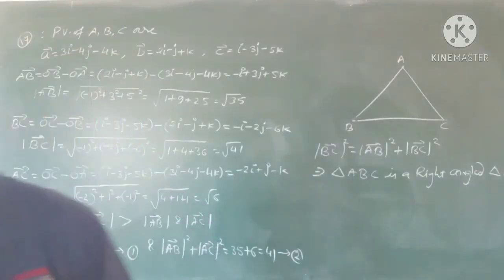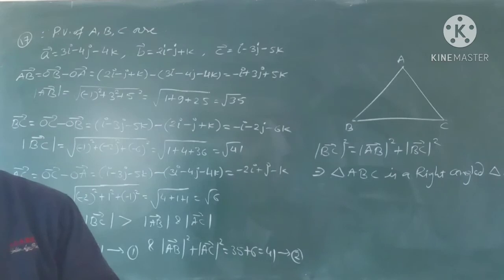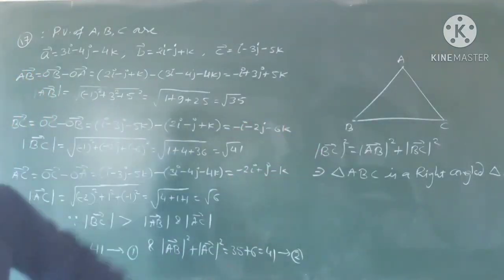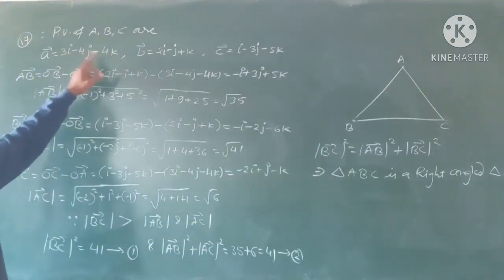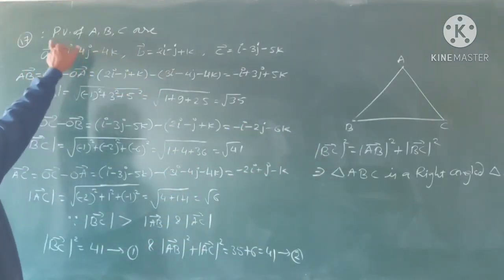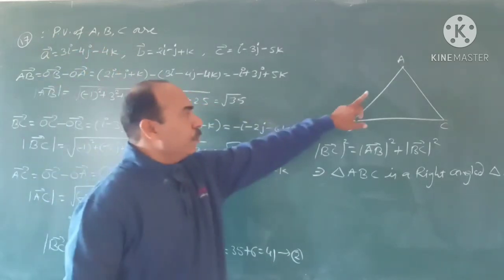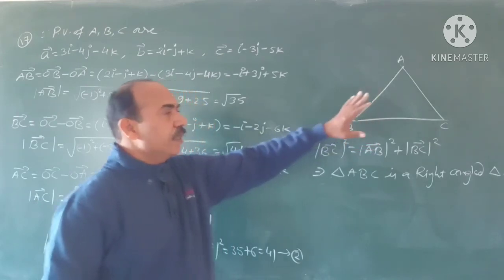Okay, next question number 17. Show that the points A, B, C with position vectors vector A 3i minus 4j minus 4k, vector B 2i minus j plus k, and vector C i minus 3j minus 5k respectively form the vertices of a right angle triangle. So this is triangle ABC, and vector A, vector B and vector C are the position vectors of points A, B and C. So here find vector AB, vector BC and vector CA.